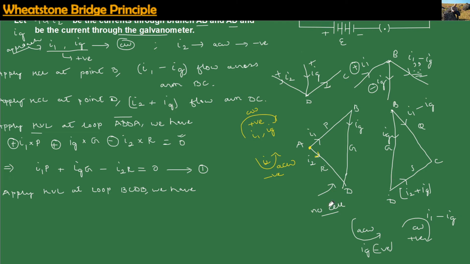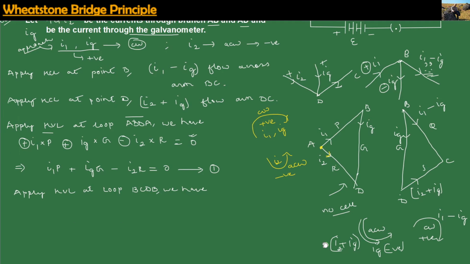This current I2 plus IG is the current which moves across the branch CD, and it also will be in the anti-clockwise direction. So that current I2 plus IG also will be negative. Those are some of the important sign conventions which we use for applying KVL on that loop.